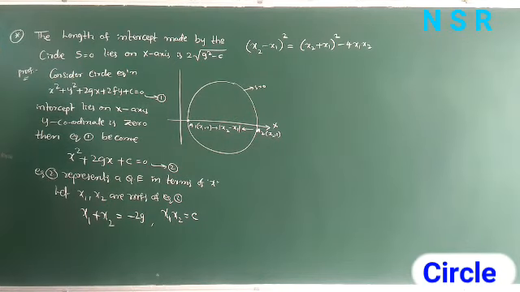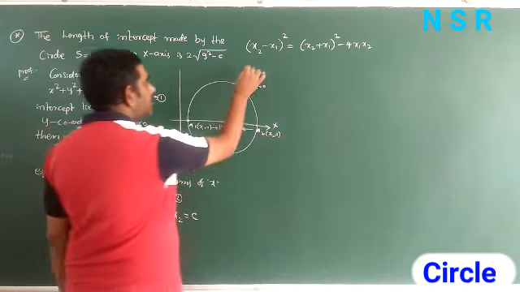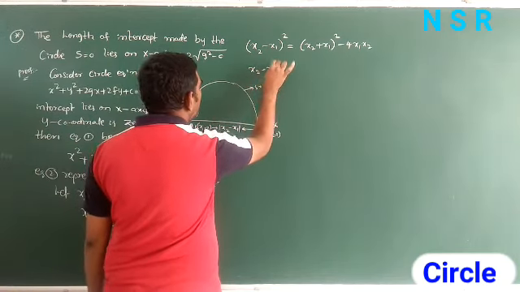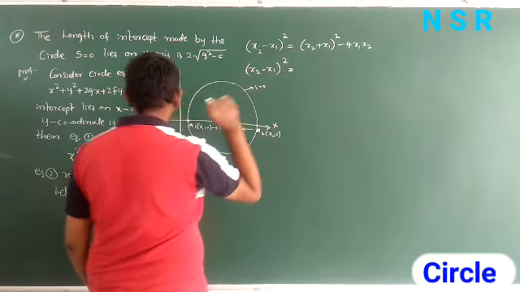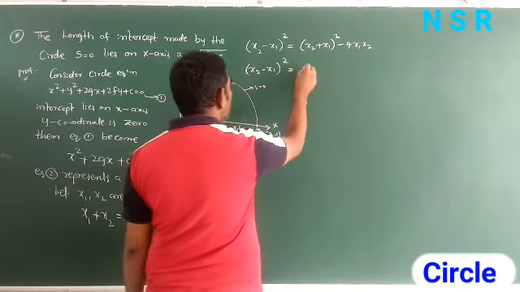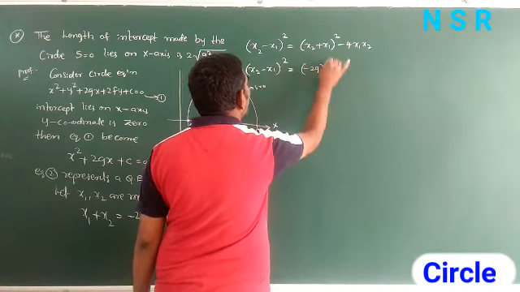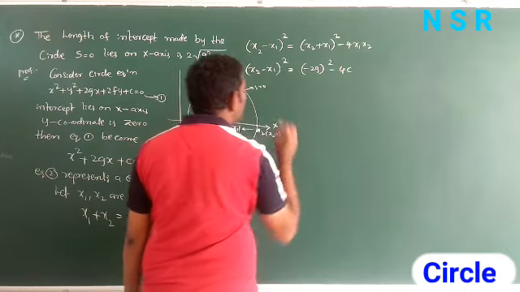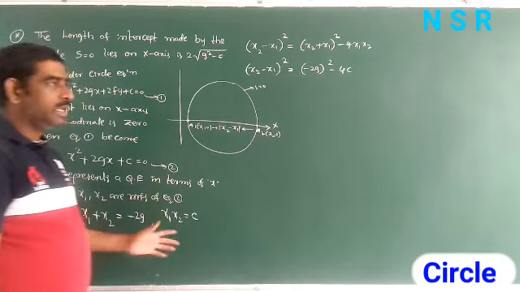Here a is x2 and b is x1. So x2 minus x1 whole square is equal to x2 plus x1 value, minus 2g, whole square, minus 4 into x1 x2 value, c.